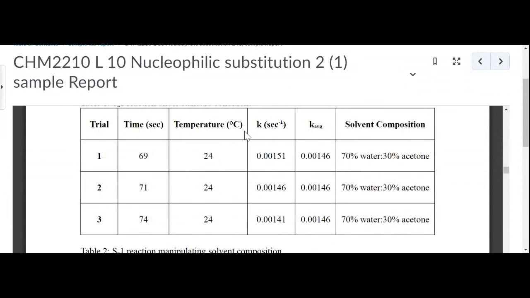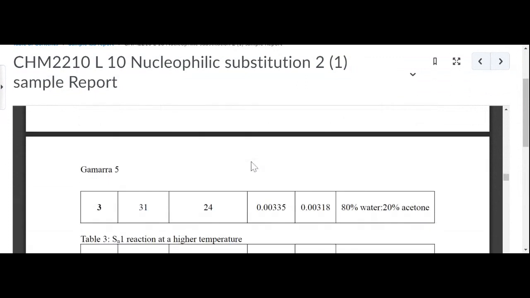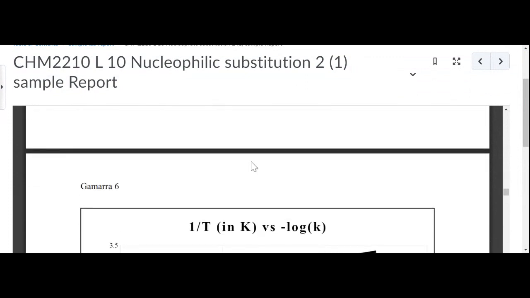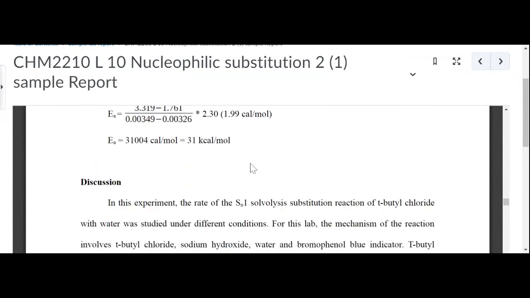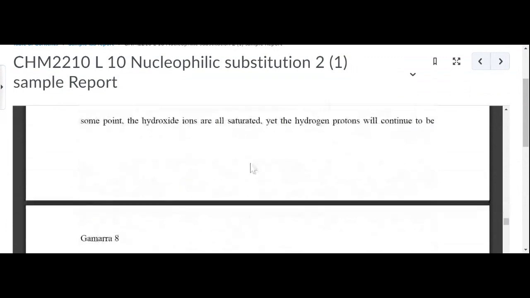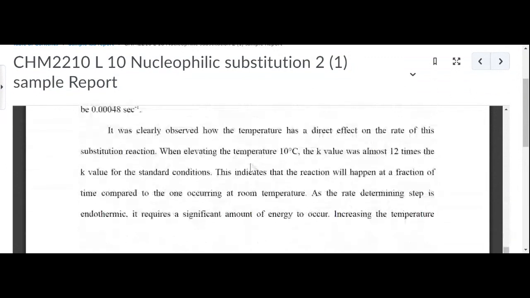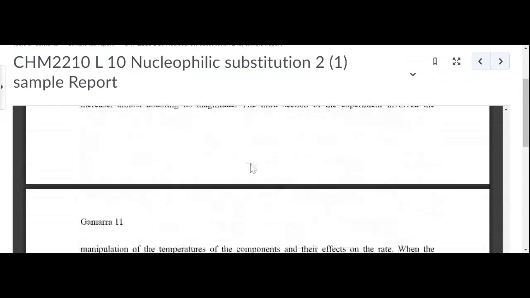This student had more. You have the table for data. Some experiments have just a tiny table, other experiments have more. The discussion, again, one page of discussion is sufficient. Bibliography.